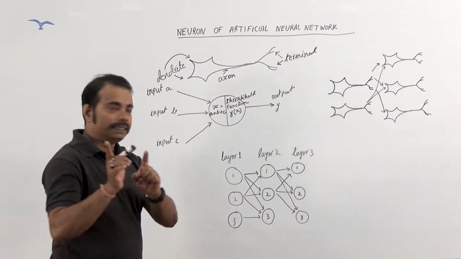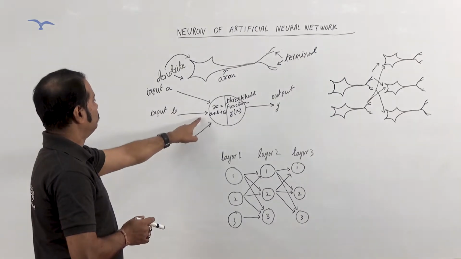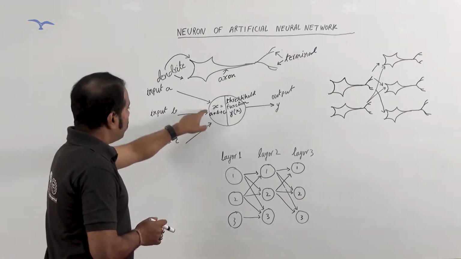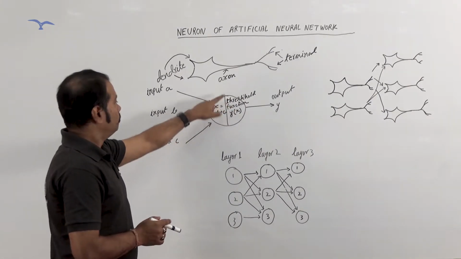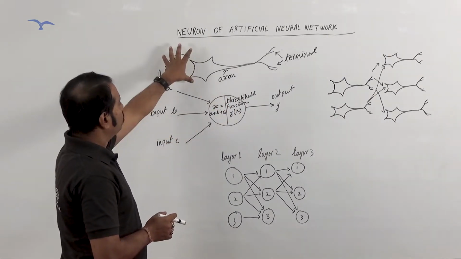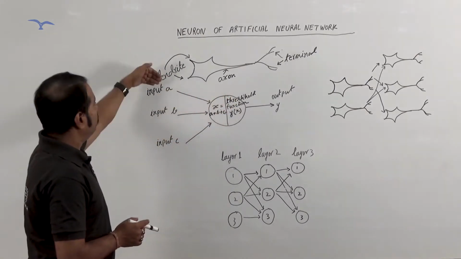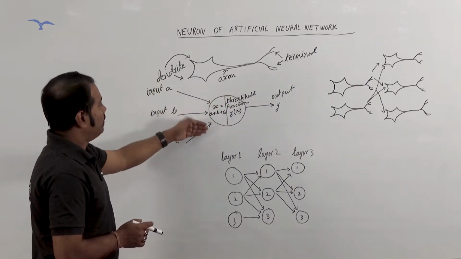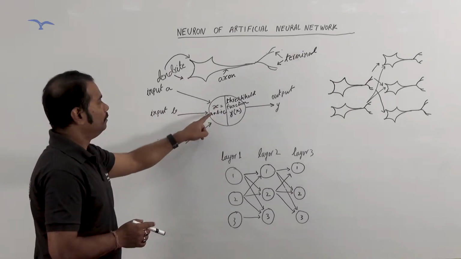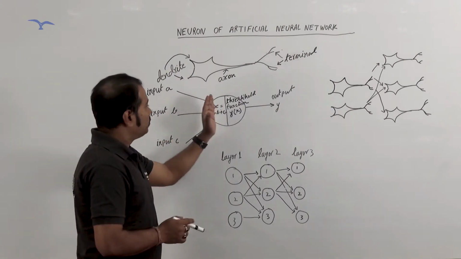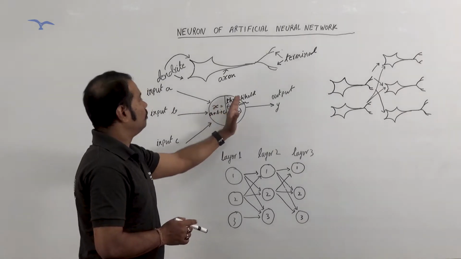I am showing you one such example. Take this one. Here I am giving you a design of an artificial neuron. Like biological neuron, artificial neuron takes input. And then what is happening here? The entire input is summed up. And then that summed up value goes to a threshold function.